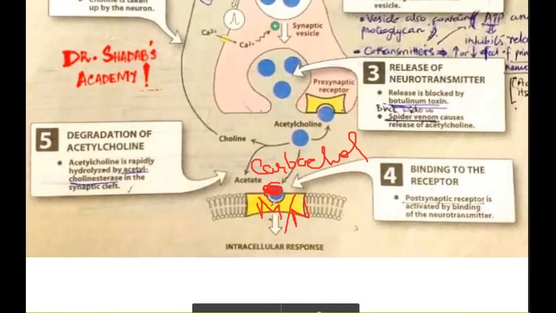Carbachol works on both muscarinic and nicotinic receptors. But the action is fluctuating, so we say that carbachol is a biphasic drug.